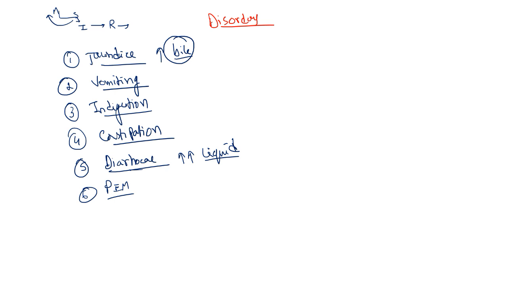These are the places where kwashiorkor and marasmus occur. So this is a part of PEM, also known as protein energy malnutrition.